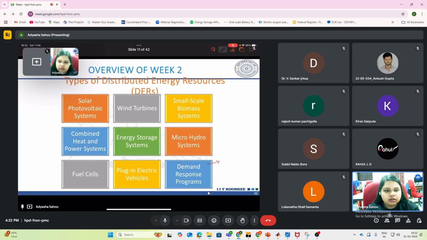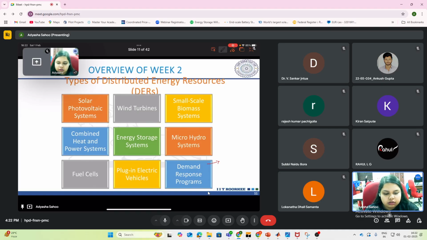So basically, as is evident from its name, demand response is nothing but the change in the demand with respect to some events that are taking place in the system.